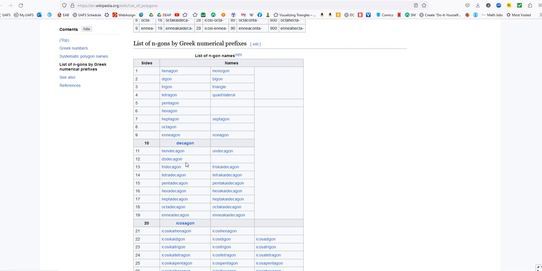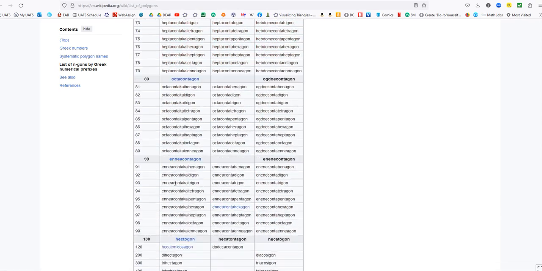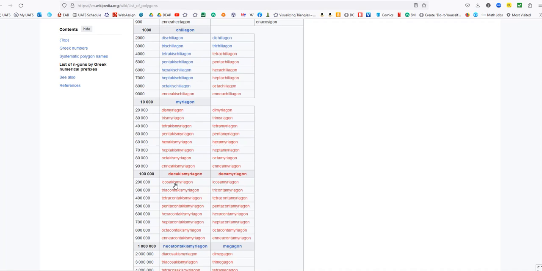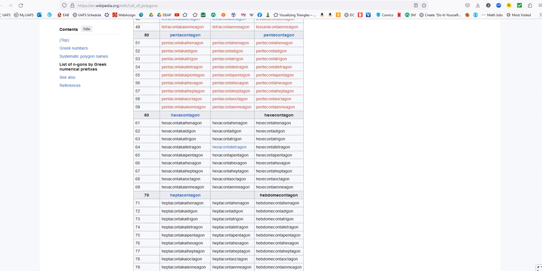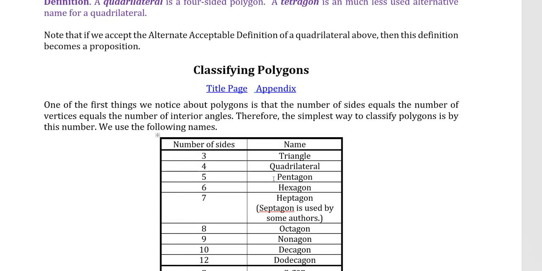Sometimes there are 2 different possibilities here for the name, and so you can just go through, and they're all different kinds of names here. We're not going to mess with that in my class. In my class, we're just going to learn these names for sides 3, 4, 5, 6, 7, 8, 9, 10, and 12.